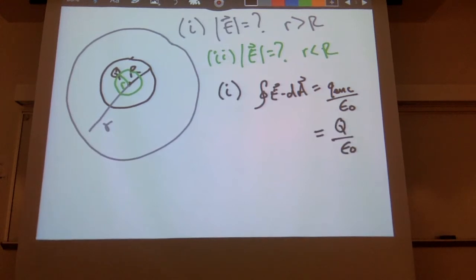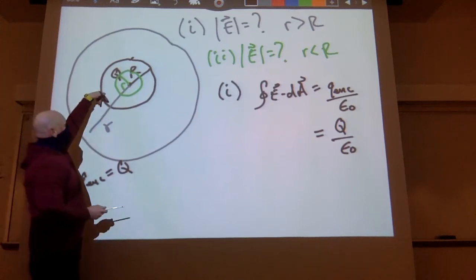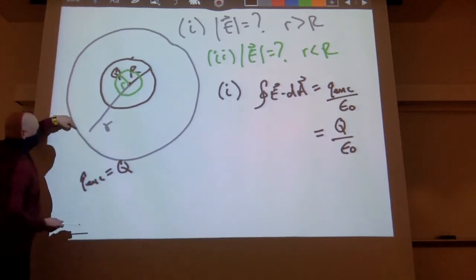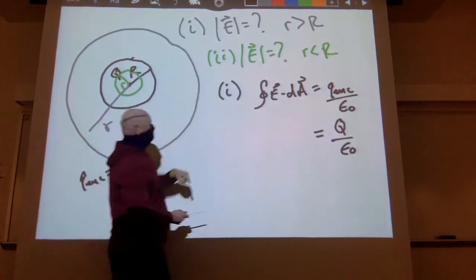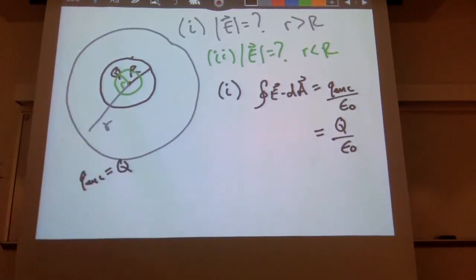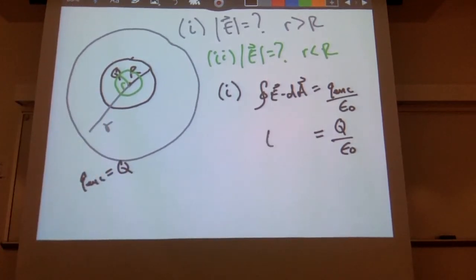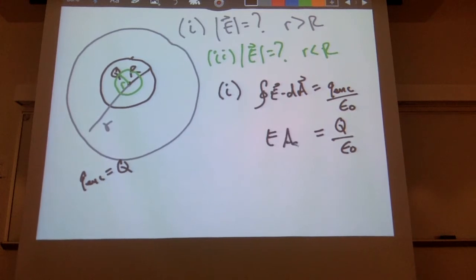Because here we know that Q enclosed is equal to all the charge. Now, left-hand side, as we talked about last time, since the electric field depends on the distance, everywhere across the surface the electric field is simply equal to a constant, which means the left-hand side is simply going to be equal to the electric field times the surface area.